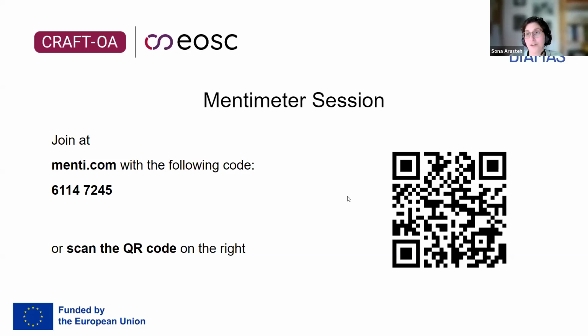First of all, for that to work, you actually have to join the Mentimeter session either via following the link that will be posted in the chat any second now, or by entering menti.com and entering the code that is written on the slide I am presenting at this very moment, or by scanning the QR code on the right of this slide. And while you do that, I will briefly explain how we imagine that this is supposed to go.